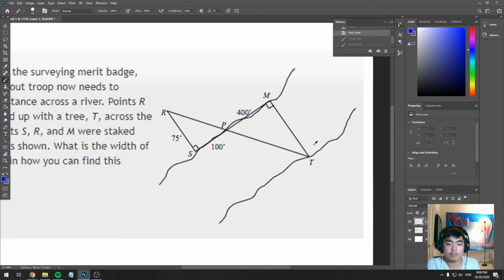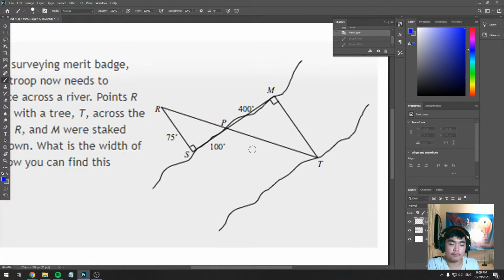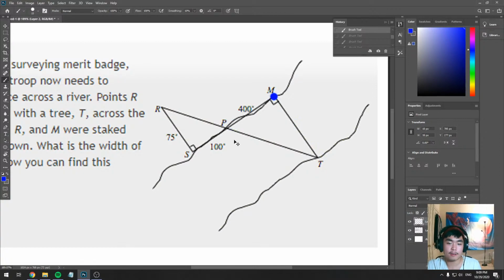Well, all we have to do is figure out what's the scale factor. We have a big triangle and we have a small triangle. So what do I multiply the small triangle by to get the big triangle? That's all I have to figure out. Well, we can look right here. There's 100 here and 400 here.